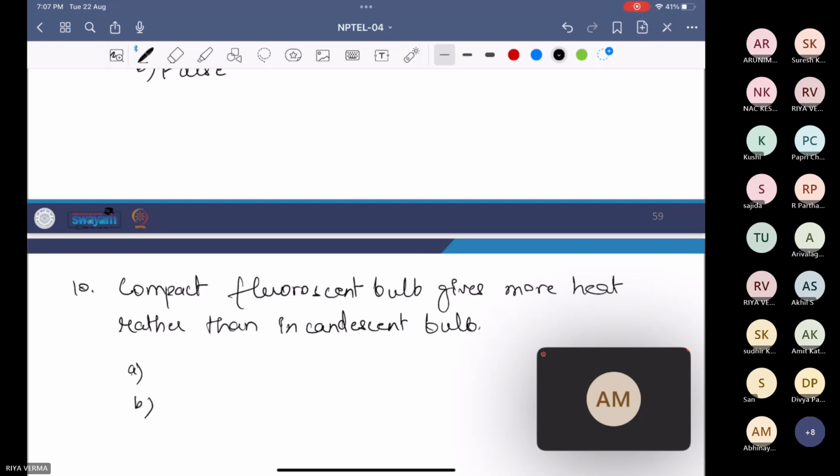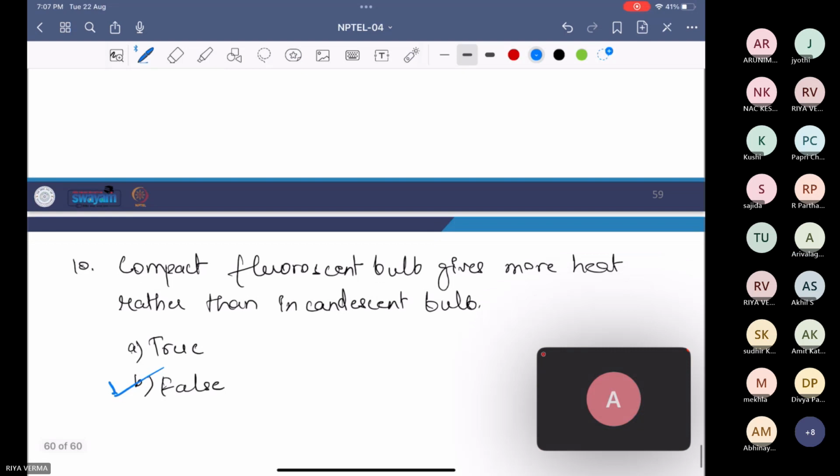False. There's no need to give options for this question. It should be false only. It should be false, right? Yes, ma'am, it is false only. Someone actually said true, so I needed to confirm this. Okay, so it's false, right?